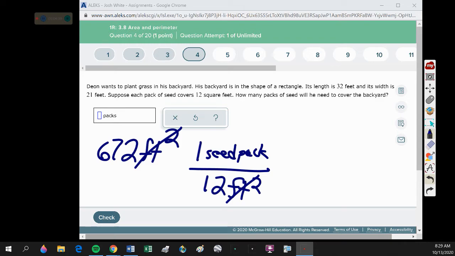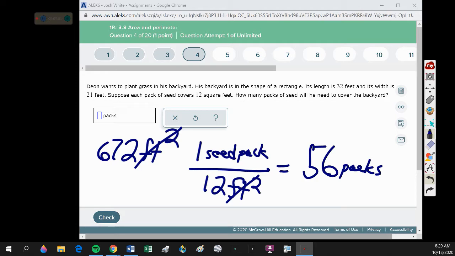So if you're not sure, do I multiply or do I divide? Just use our unit analysis trick. We know every one seed pack is enough to cover 12 square feet. So that would be 672 divided by 12, and I get 56 packs. Okay.